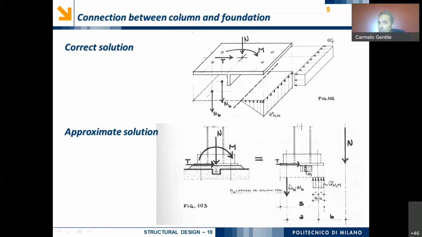And also, of course, the value of the force acting in the bolt.